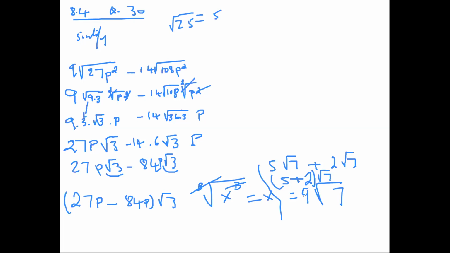That's how you get the 7. 5 and 2, that's 7. So you end up with 7 radical 7. That's what we did here. Since it's the same radical, we just need to combine these, 27p minus 84p.